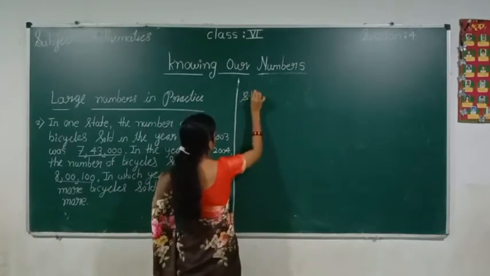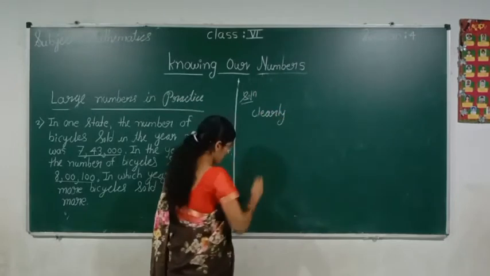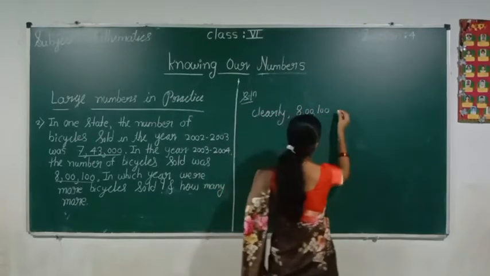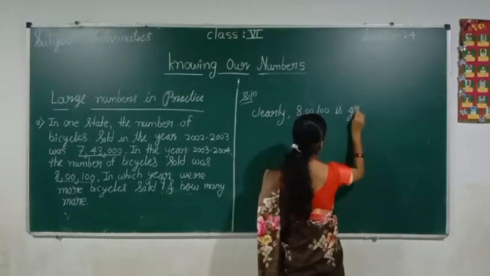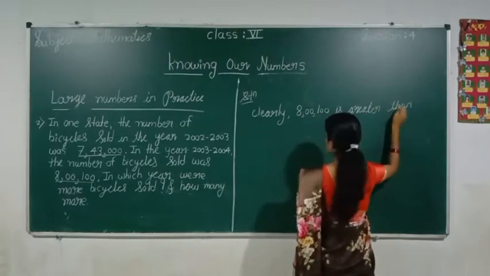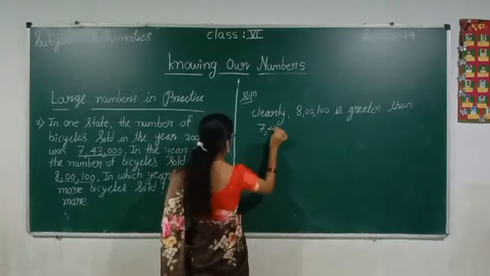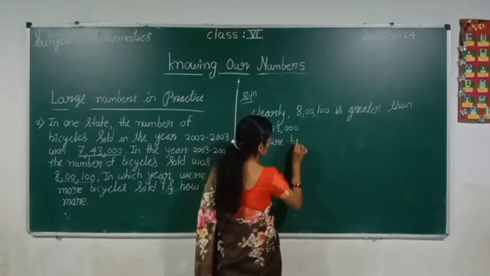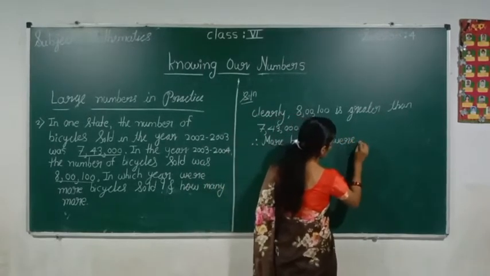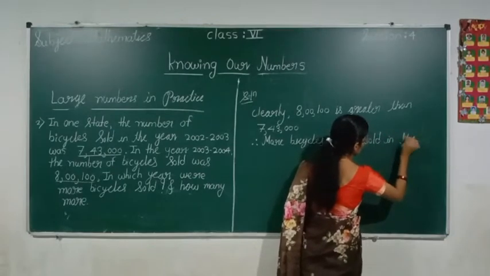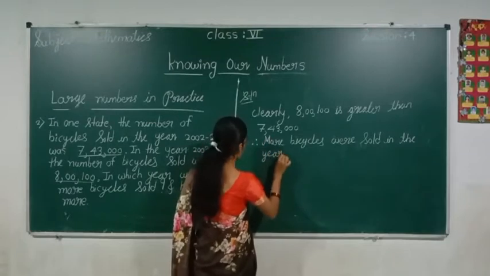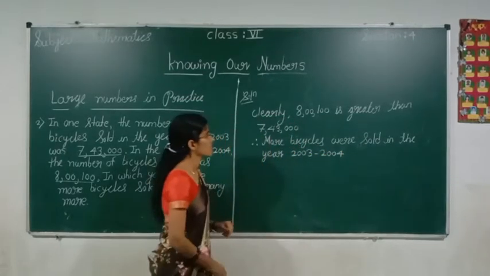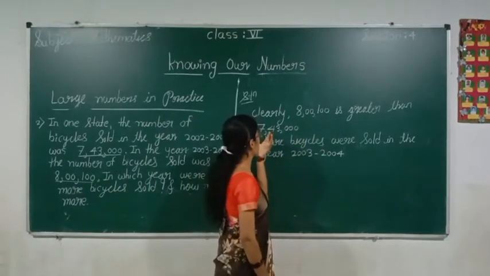See, I take the solution. Clearly 8,100,000 is greater than 7,43,000.